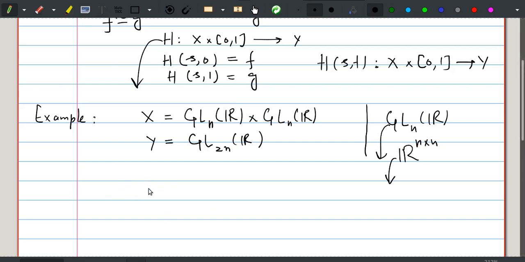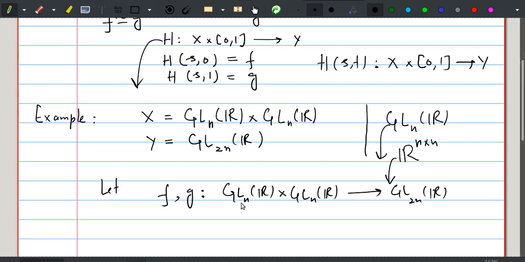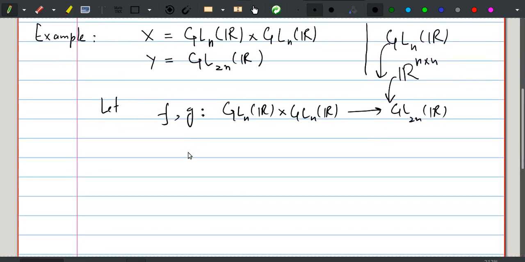So let us define maps f and g from GL_n(R) cross GL_n(R) to GL_2n(R), where f takes the pair (A, B), where A and B are n cross n matrices, to a matrix.